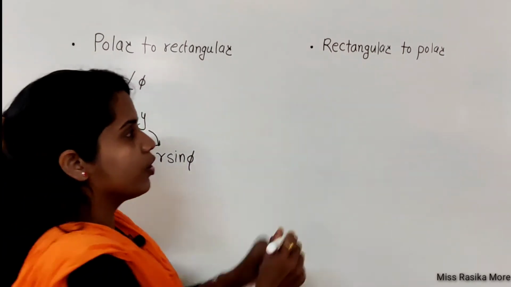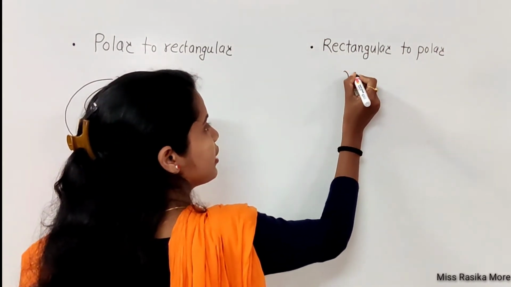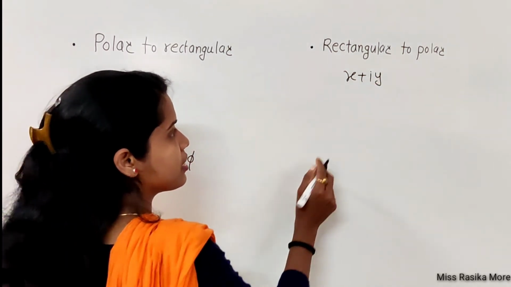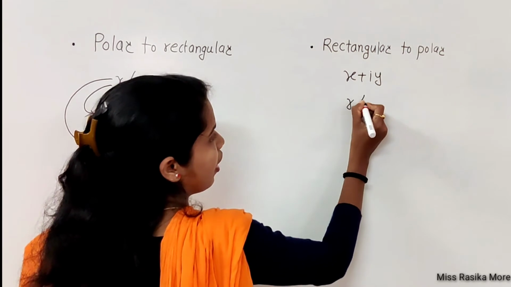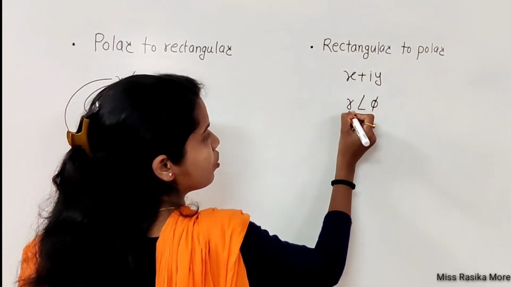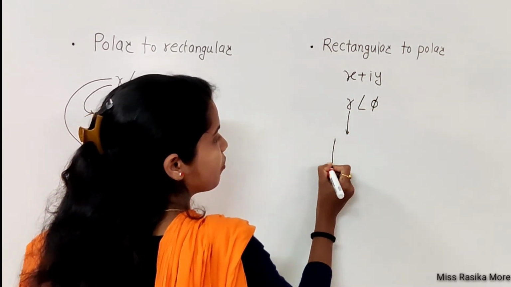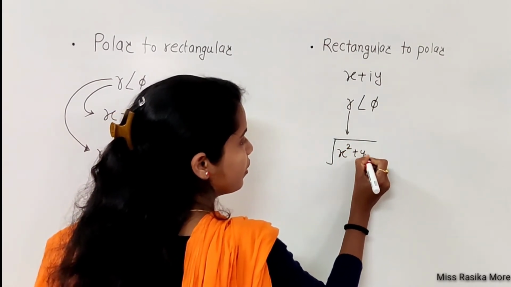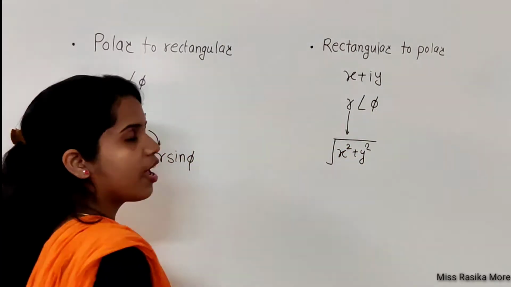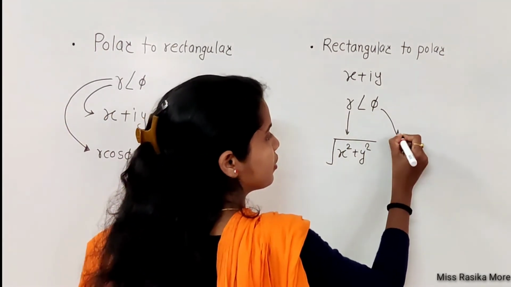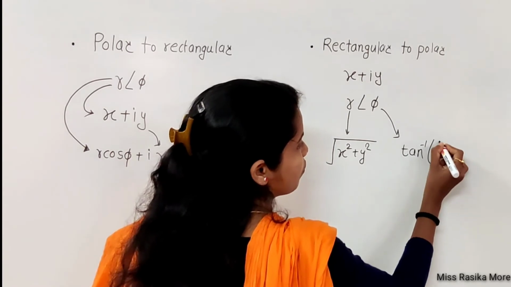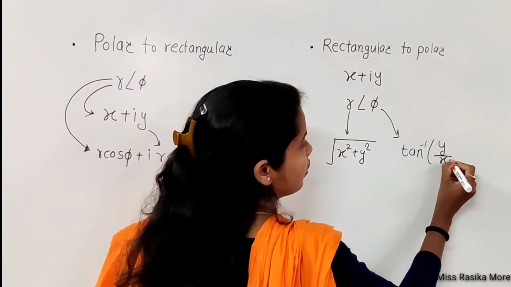Now rectangular to polar. The rectangular form is x plus jy and we can represent it as r at an angle phi. So r means magnitude, that is the square root of x squared plus y squared, and phi is the angle, that is tan inverse of imaginary upon real.